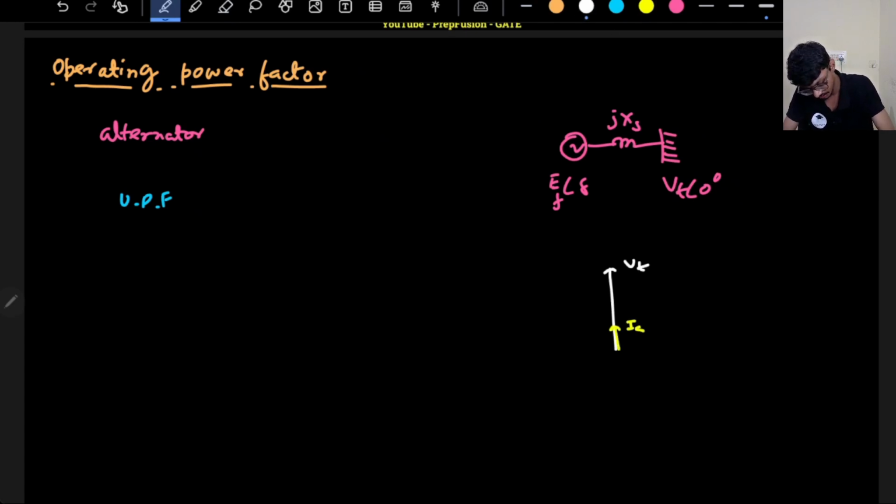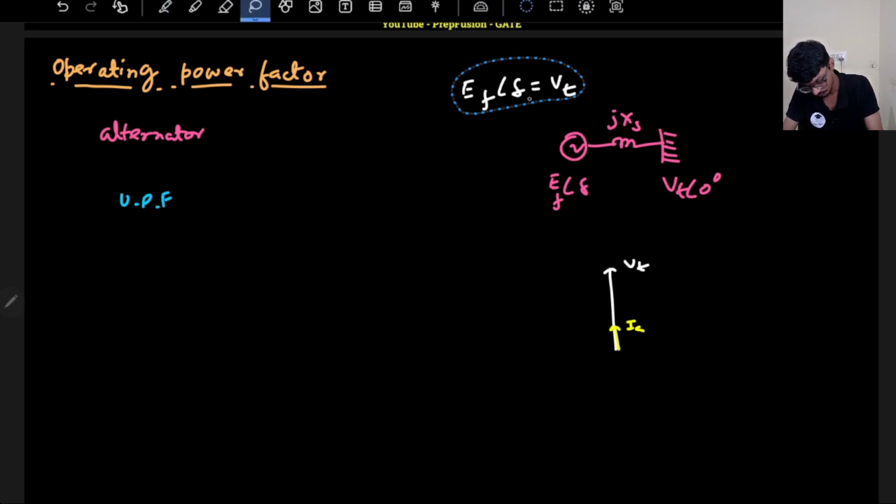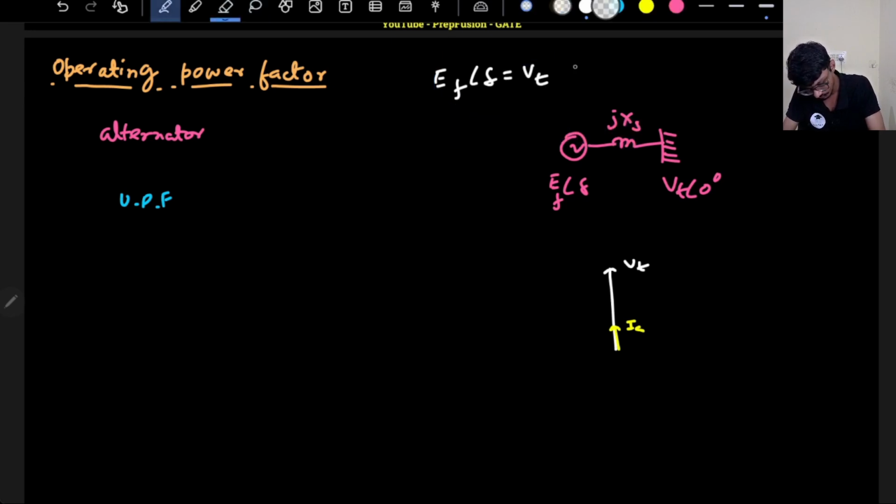The equation is the same old equation: EF angle delta equals VT plus j IA XS.